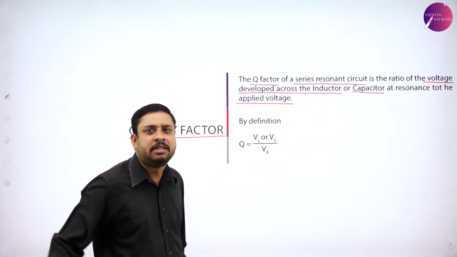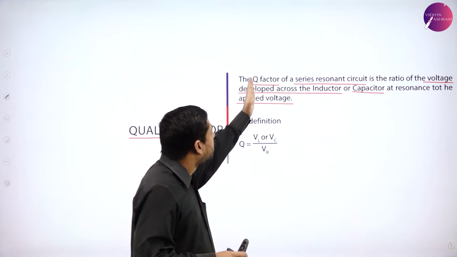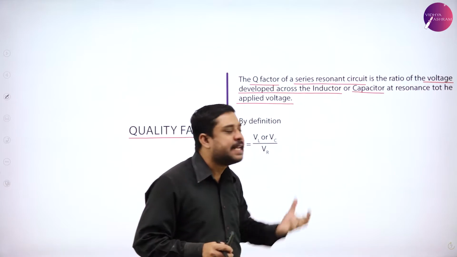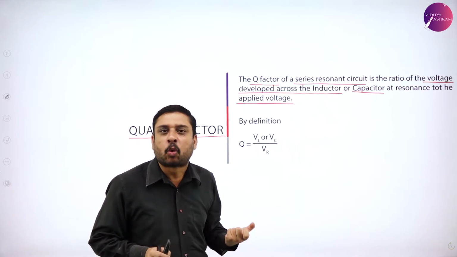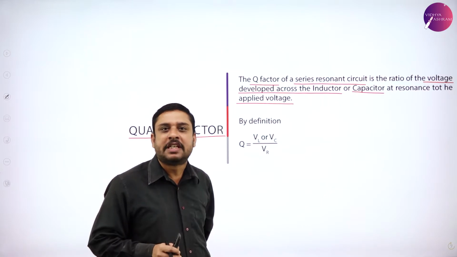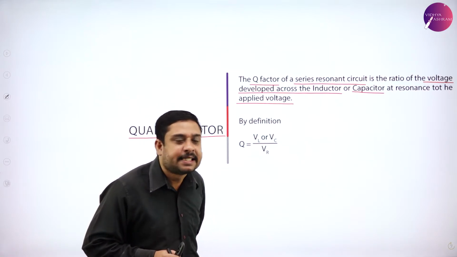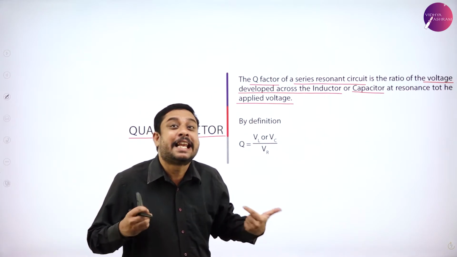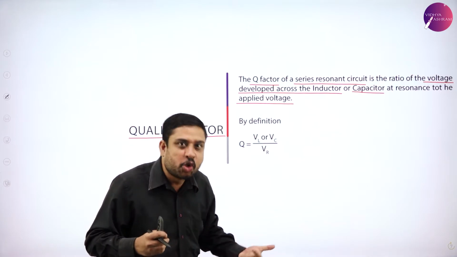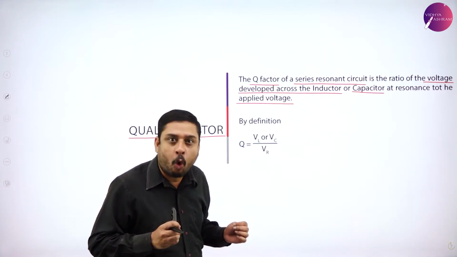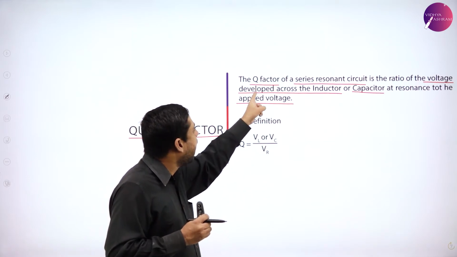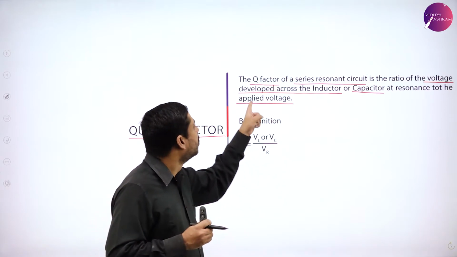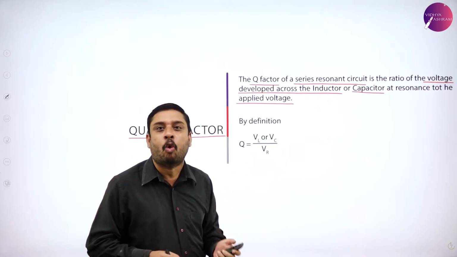This is easy to understand. The Q factor, the quality factor of a series resonant circuit, is a ratio. What is the ratio? The ratio of the voltage across the inductor or capacitor to the applied voltage.